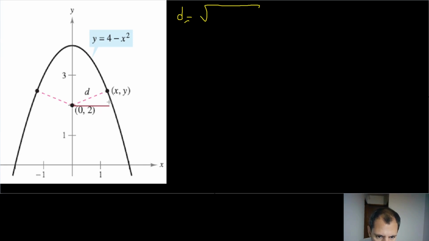So you have this here, which is the horizontal distance, the distance on the x-axis between this point and this point, and then you got a vertical distance, right?